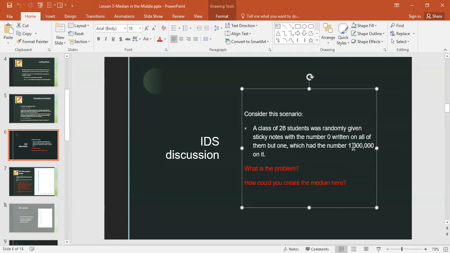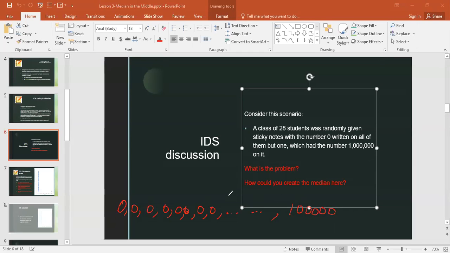Well, one way is I can list it out, right? I can list out 27 zeros, and then the very last number will be a million. So I could literally start 0, 0, 0, 0, 0, 0, 0, 0, 27 times. Last number, a million, right?